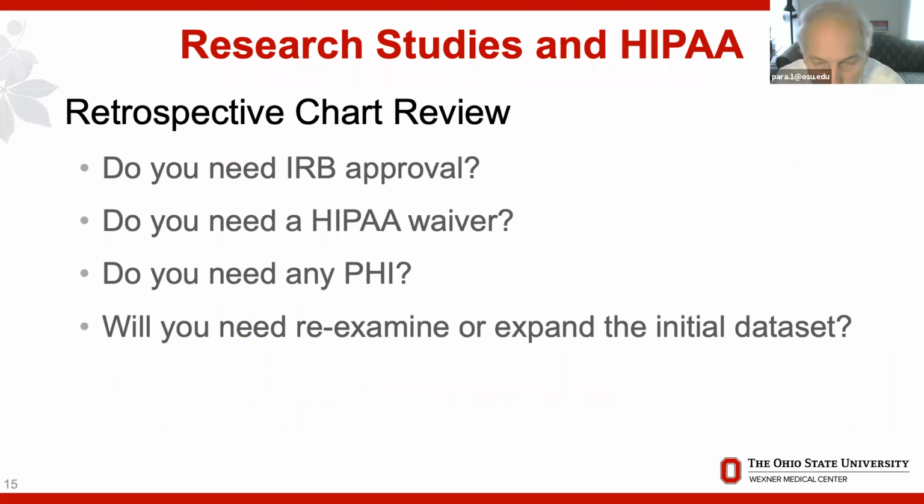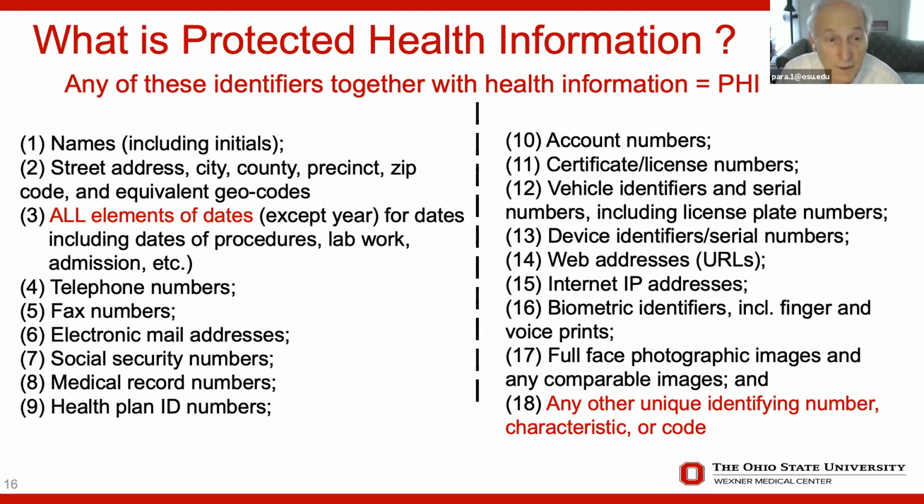Okay, so let's talk about how you might do this. You want to do a retrospective chart review. So do you need IRB approval? Do you need a HIPAA waiver? Do you need PHI? Will you need to re-examine or expand the initial database? So PHI, are you going to need any of those?